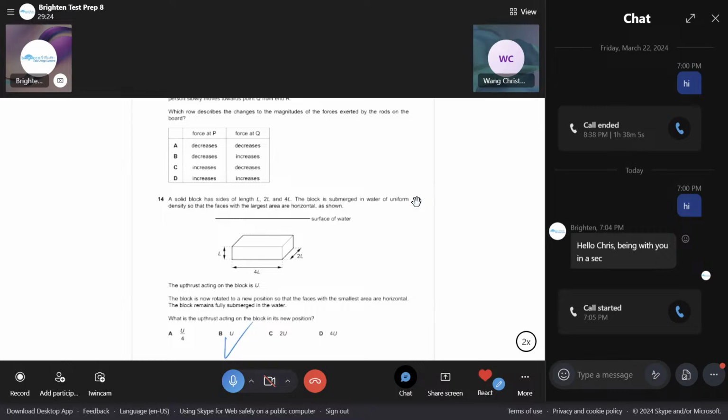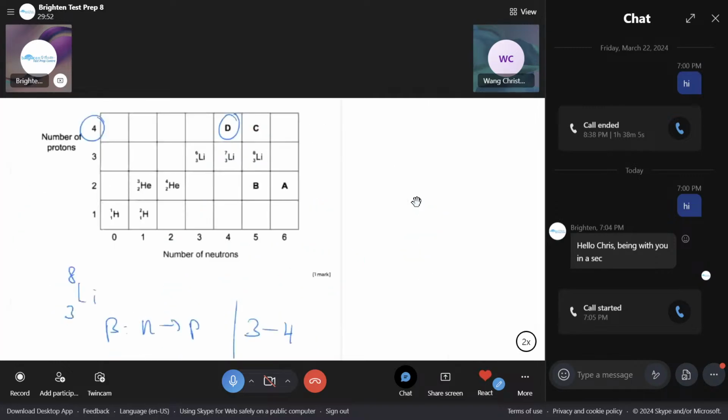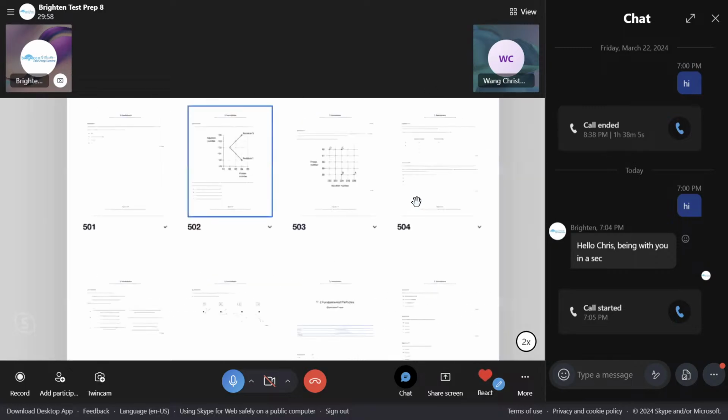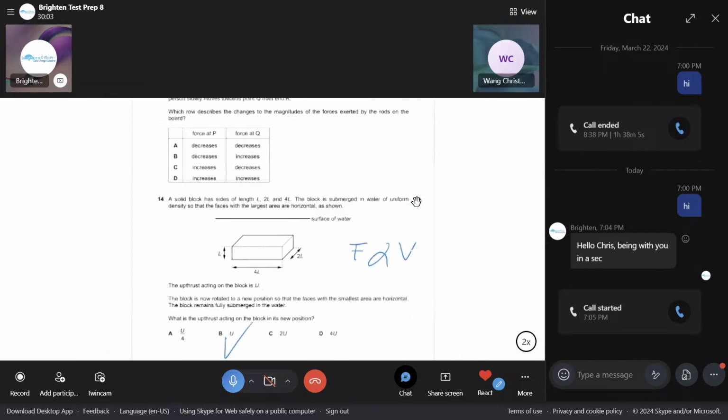Because the upthrust only depends on the volume of displacement. Good one, exactly right. It's a trick question, which once in a while comes up in multiple choice questions. As long as you have a very clear understanding of what's going on, you will not be deterred. So upthrust: the force is proportional to the volume. Okay. All right.